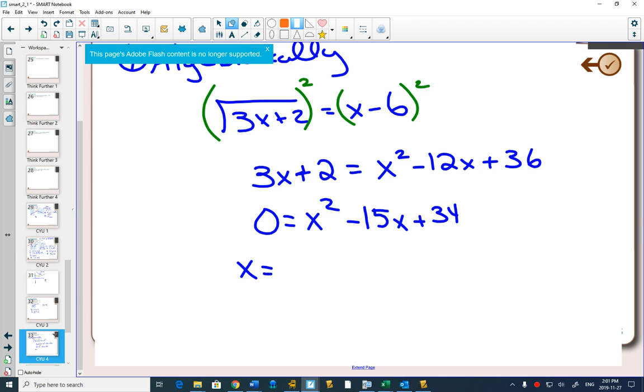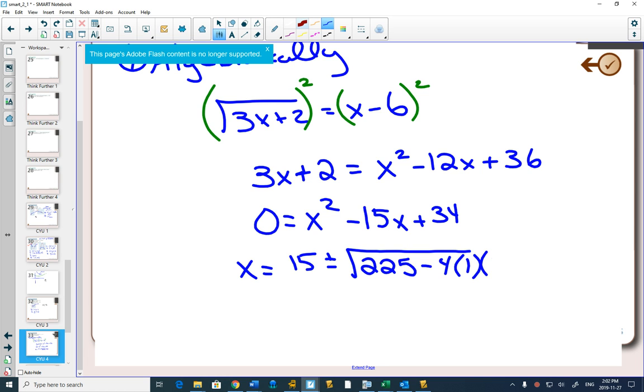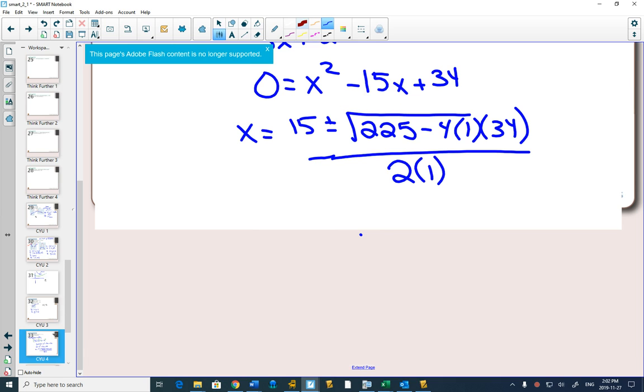x equals negative b plus or minus the square root of b squared, 15 squared, 225, minus 4 times a times c, over 2 times a. 15 plus or minus the square root of 225 minus 4 times 34.